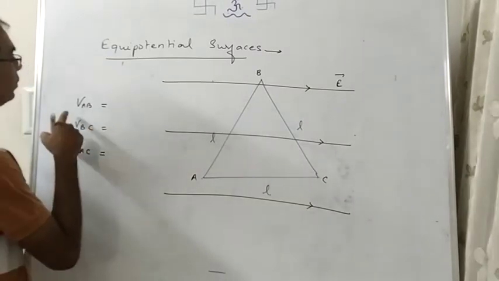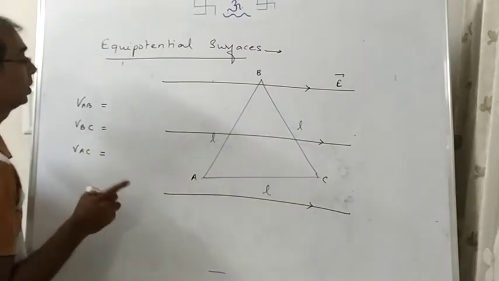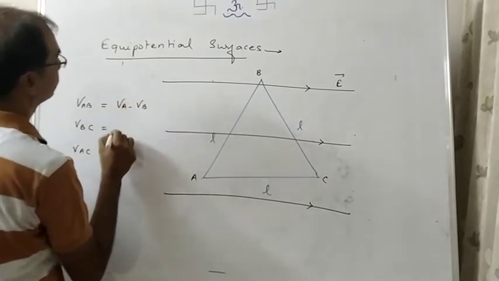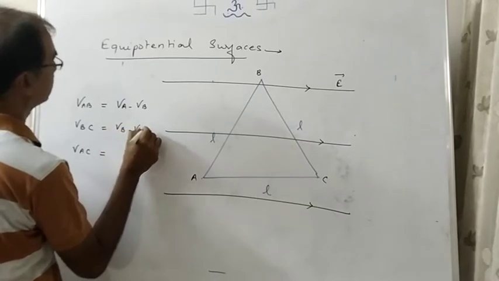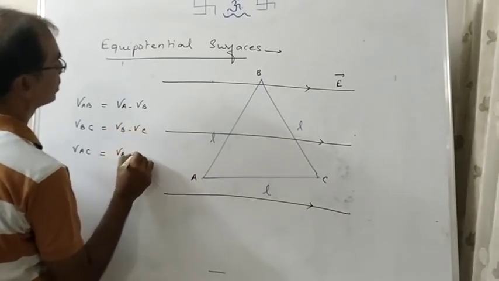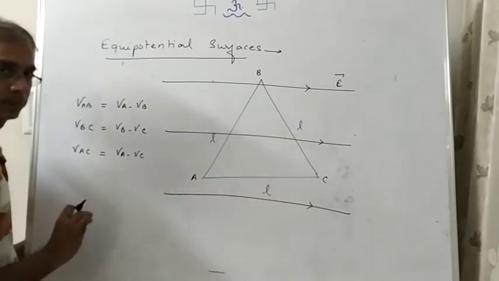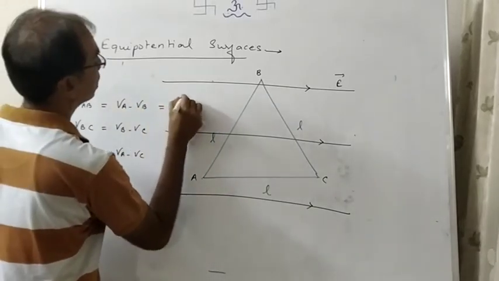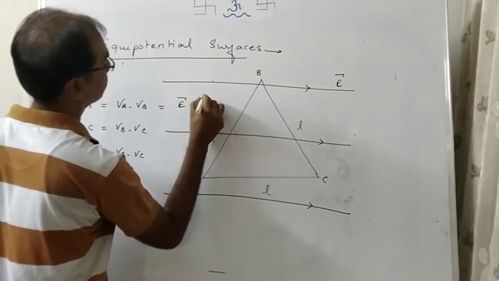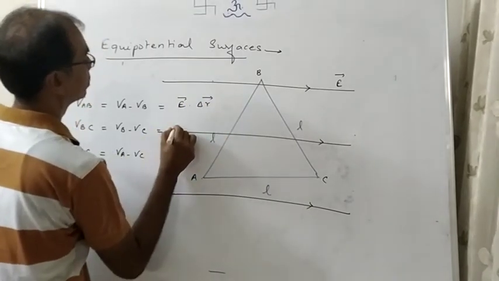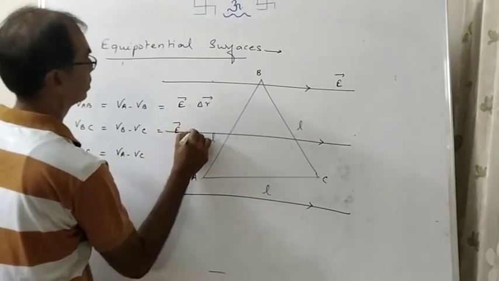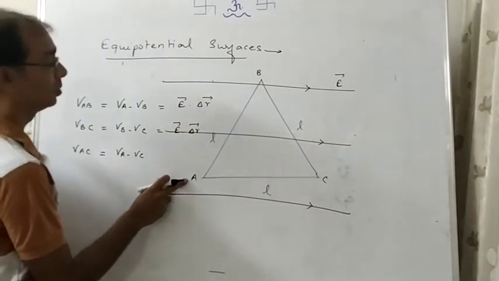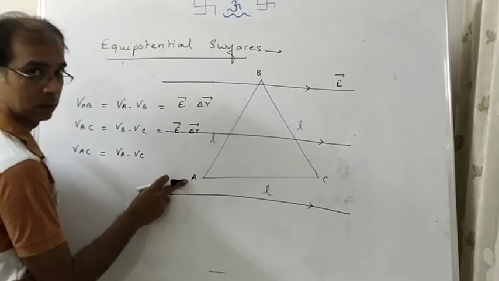When you are writing VAB, that means I am looking for VA minus VB, VB minus VC, VA minus VC. If I am looking for this one, then I will be using the formula E dot delta R. Here also, E dot delta R. Because I am assuming that at A the potential is more than B. Am I correct?